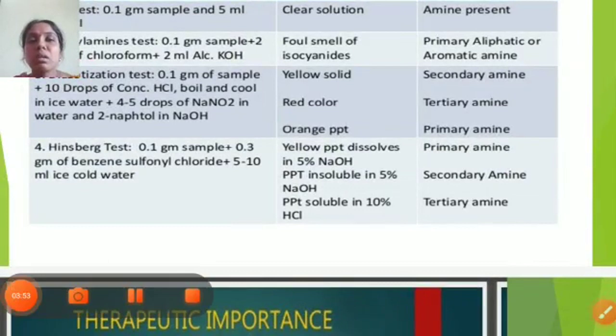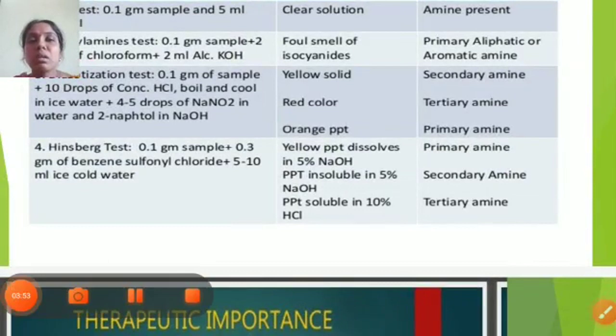The last qualitative test is the Hinsberg test. 0.1 gram of sample is taken in a test tube and add 3 grams of benzene sulfonyl chloride, C6H5SO2Cl. Then it reacts with water, so add ice cold water. A yellow color precipitate is formed. If this dissolves in 5% NaOH, it indicates the presence of a primary amine.